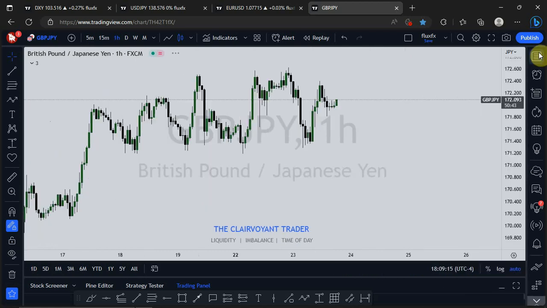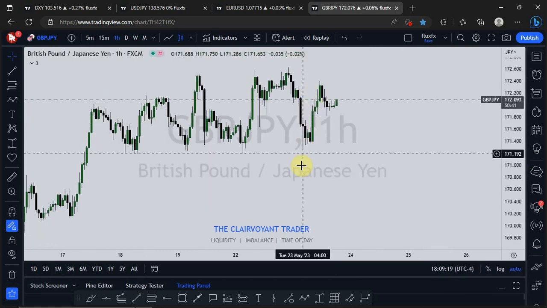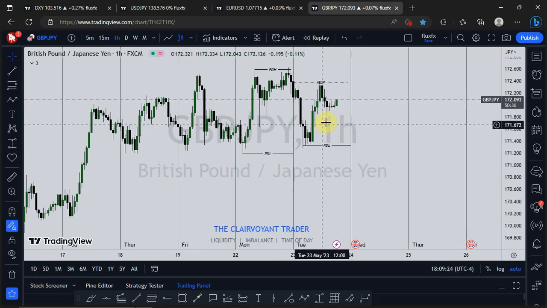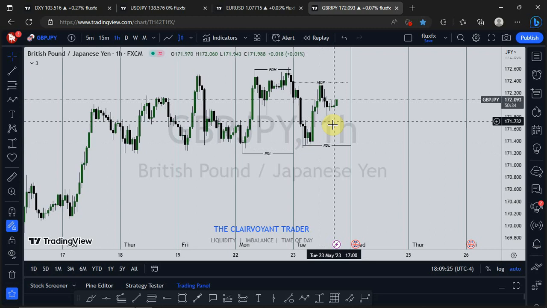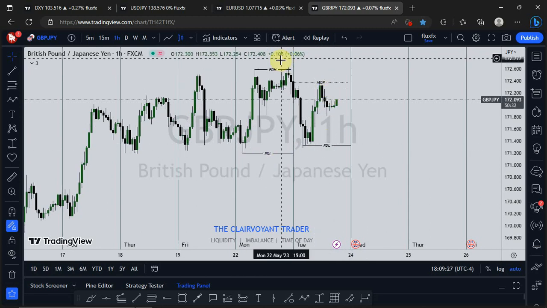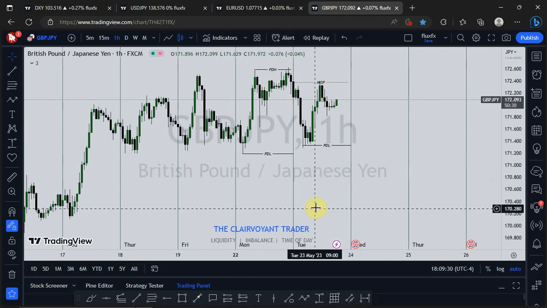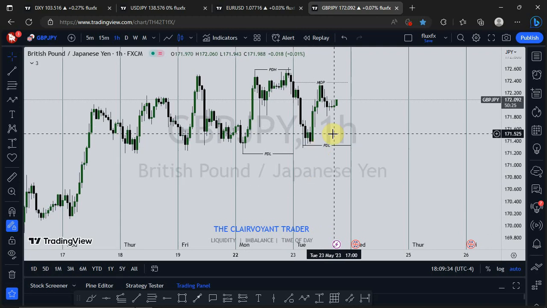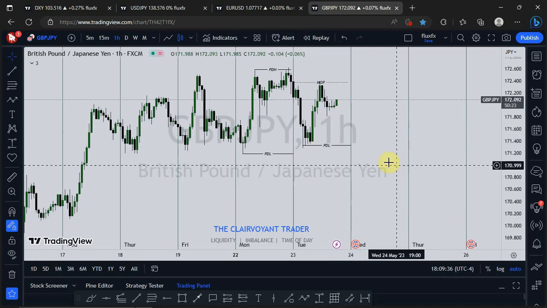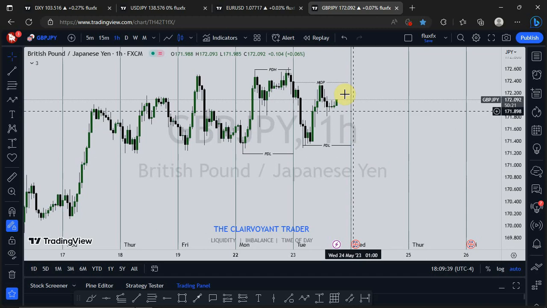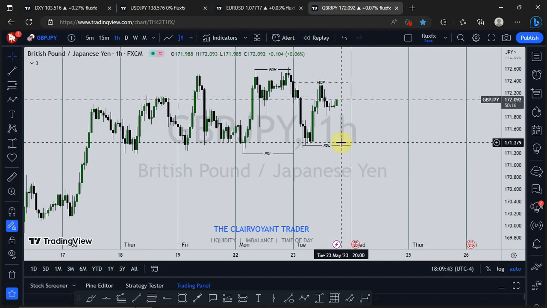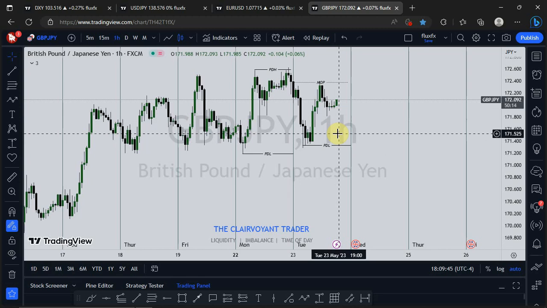But looking at GBPJPY, they are still within Monday's trading range, so going into Wednesday, I want to see if Wednesday is going to be out of Tuesday's trading range. Once it gets out of Tuesday's trading range, it gives me a clear direction as to where price is moving.